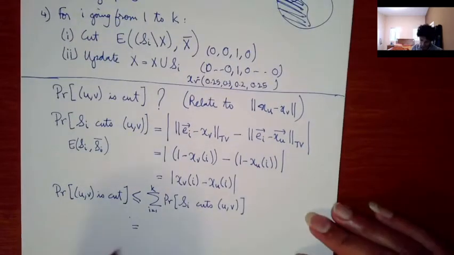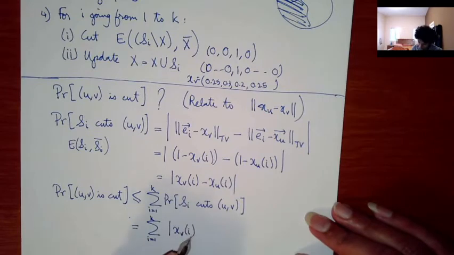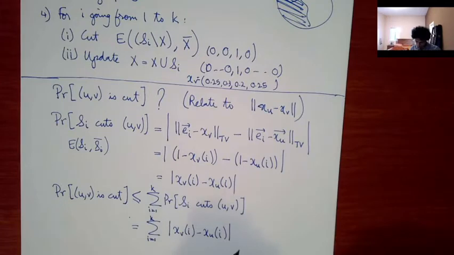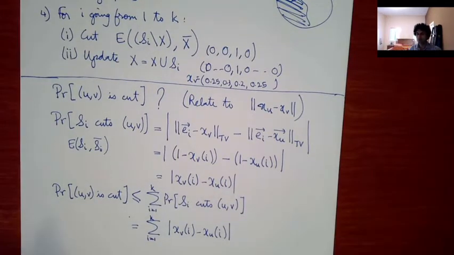You're almost there. It's related to the total variation. What is this? What have I written here? What norm is this? Sum of absolute value of differences.